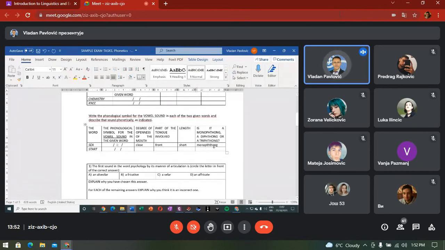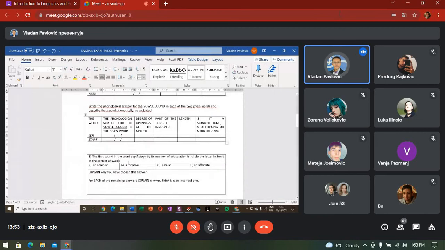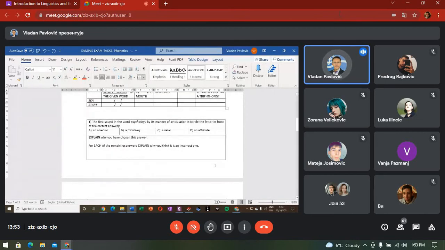Ok, i obratite pažnju na spelling ovoga, evo da obrišemo ovo. Dalje, još češća su pitanja ovoga tipa. The first sound in the word psychology by its manner of articulation is, circle the letter in front of the correct answer. An alveolar, a fricative, a velar, vowel consonant, or an affricate.